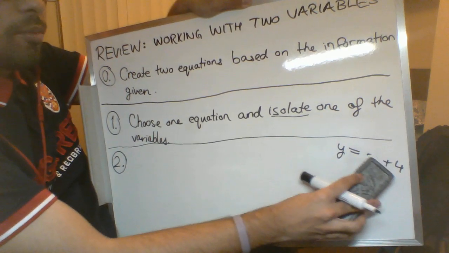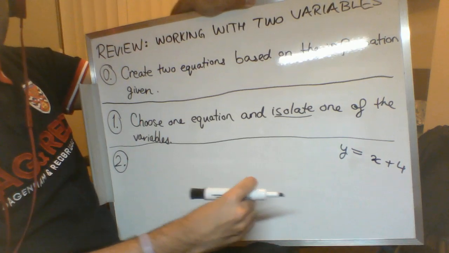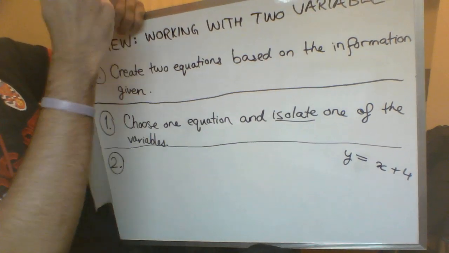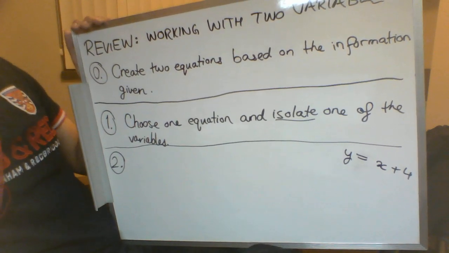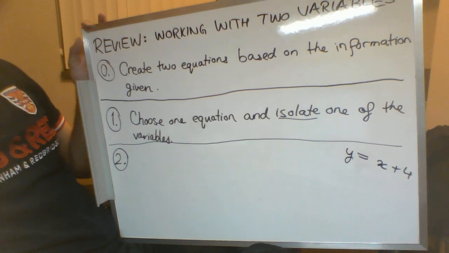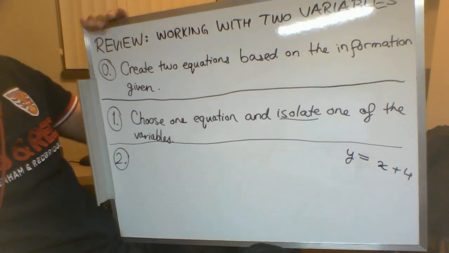So if you have something like y equals x plus 4, and your other equation is a mess of x's and y's and numbers: 21x plus 33y plus 56 equals x plus y plus 10. You've got lots of terms in there, x's and y's and numbers on both sides, and it's a huge mess.